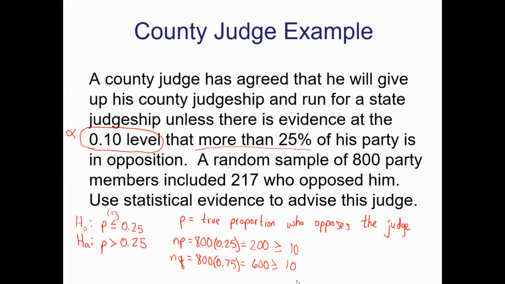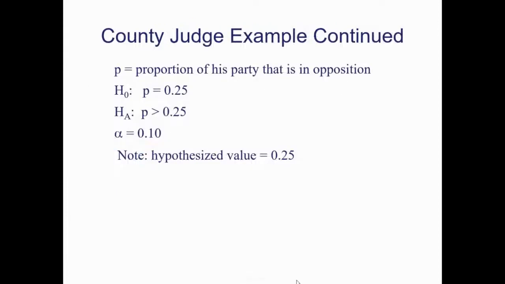So we've checked all the assumptions. They're all valid. We can move on to the next phase, where we can actually calculate things. So now let's figure out, what was our n?